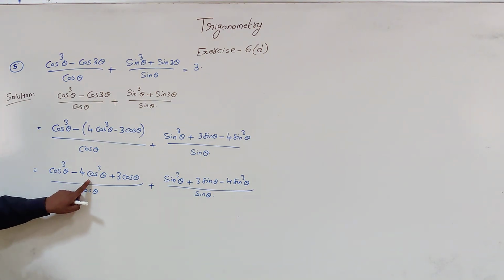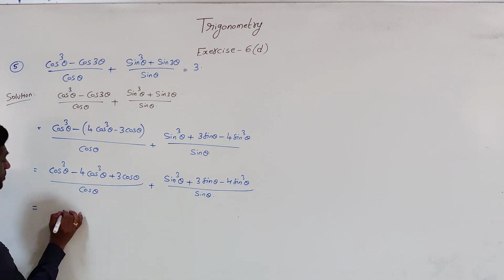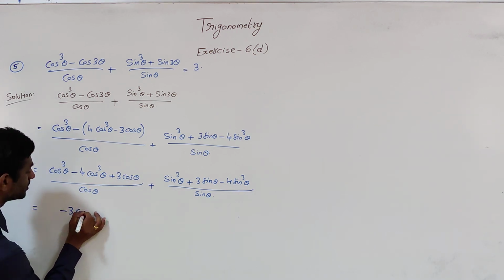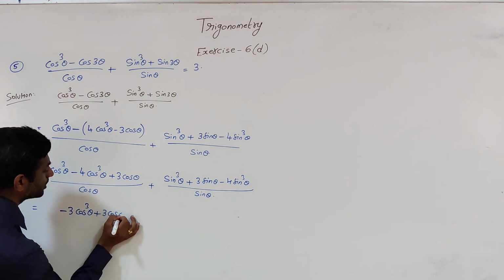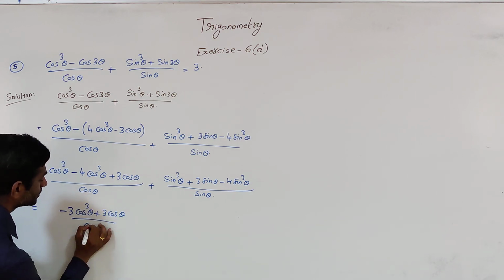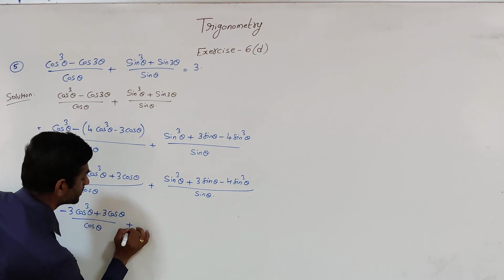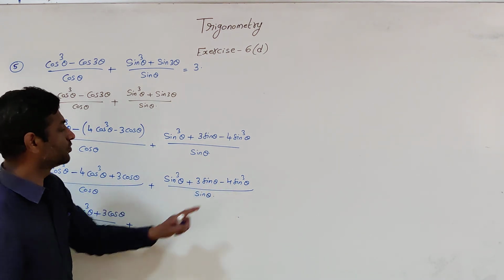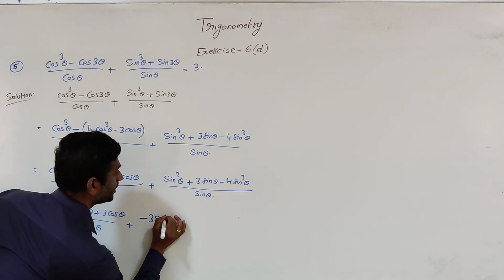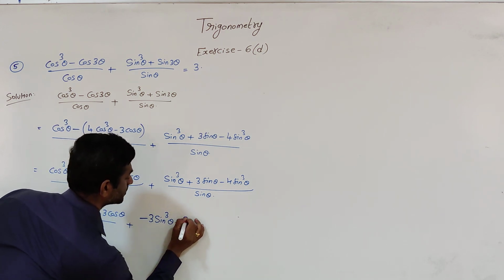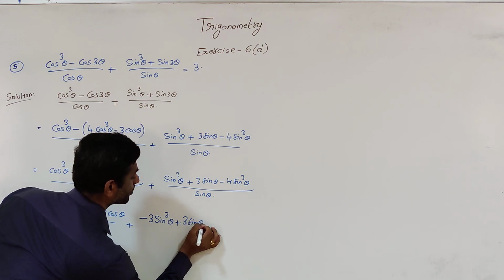Cos cube theta minus 4 cos cube theta gives minus 3 cos cube theta plus 3 cos theta by cos theta, plus sin cube theta minus 4 sin cube theta gives minus 3 sin cube theta plus 3 sin theta by sin theta.